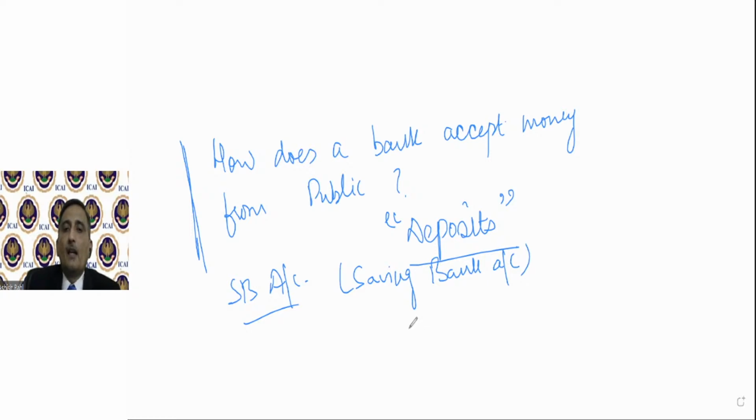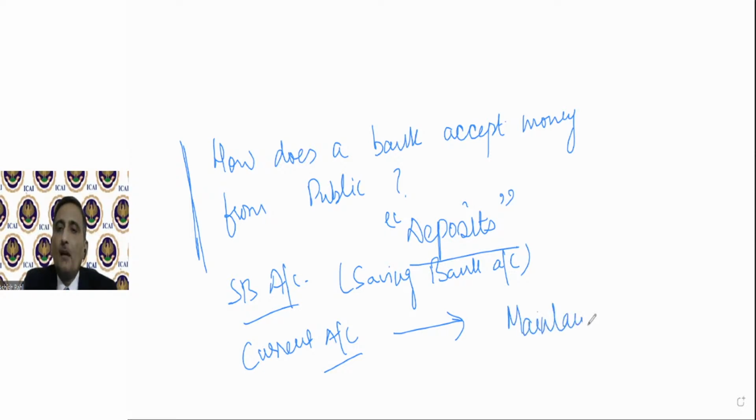Okay. Similarly, there are current accounts. A current account means that a company or a firm or a proprietorship concern or any other entity can maintain an account with the bank to carry out its routine business transactions.